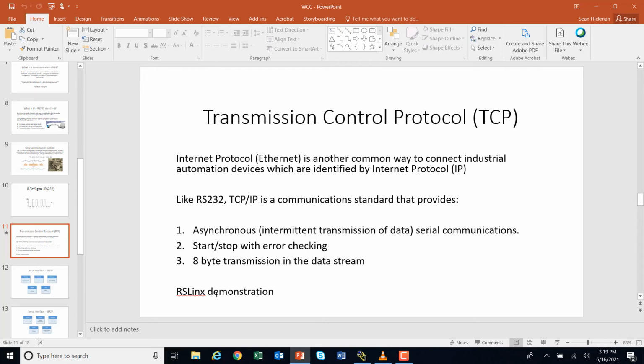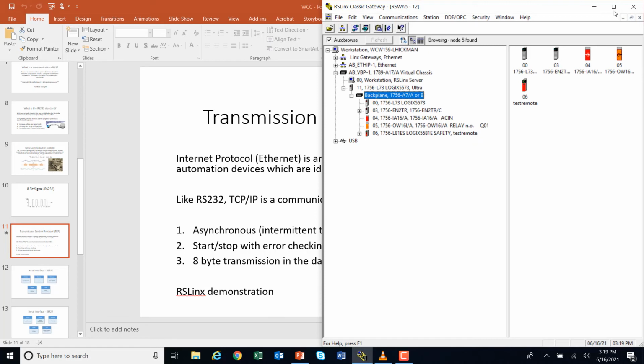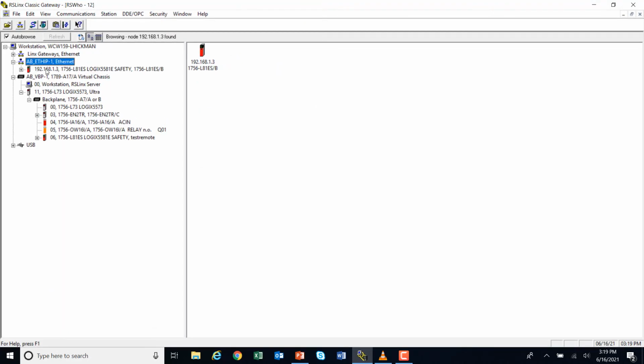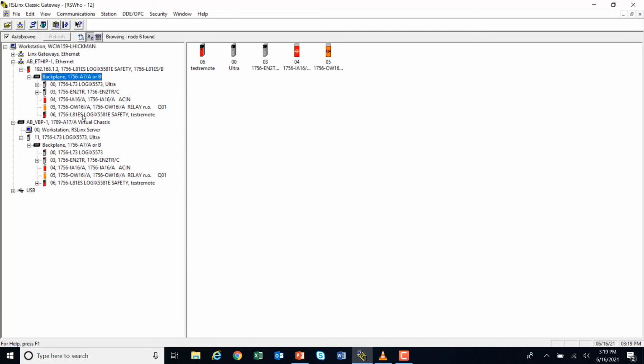So I have an RSLinx demonstration here. I have my RSLinx up here again, and I've hooked up my Ethernet/IP. I said that this was connected into the computer, and if I open this up and check my backplane, I indeed am also plugged into my PLC here using my Ethernet.